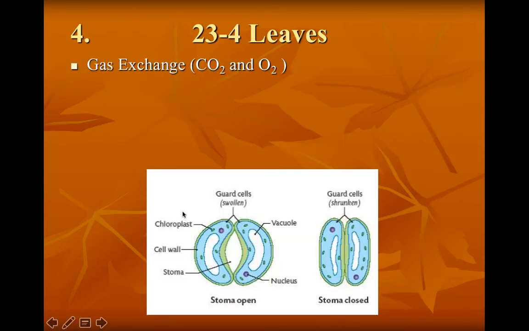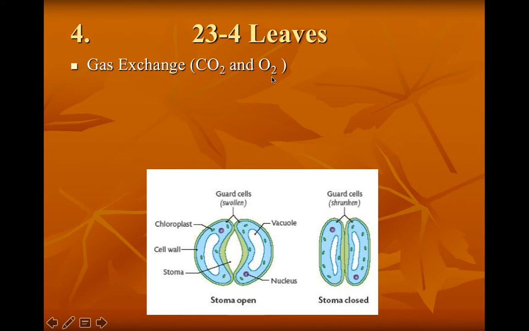Okay, so when I say gas exchange, what I mean specifically is, if we think back to the equation for photosynthesis, there are a couple of gases, carbon dioxide and oxygen, that are really important. Carbon dioxide is the gas that is a reactant, it's needed for photosynthesis to take place. Mainly because that's what's going to supply the carbon that will be put into glucose, the final product.